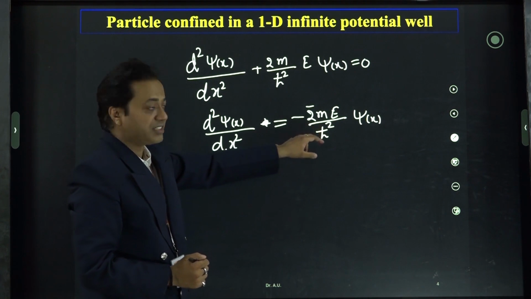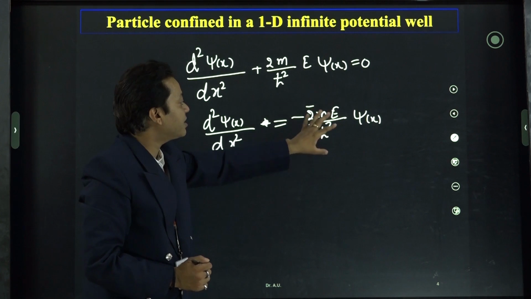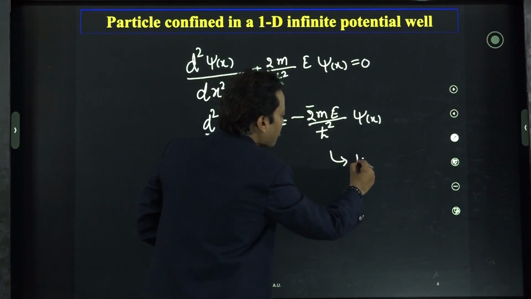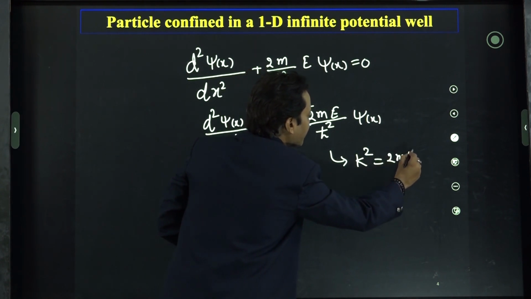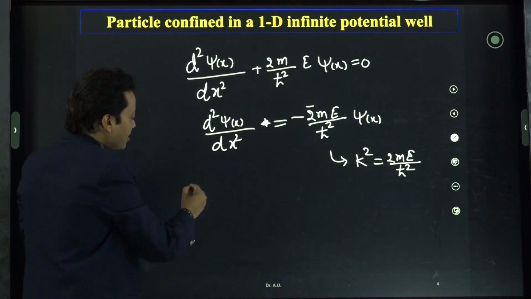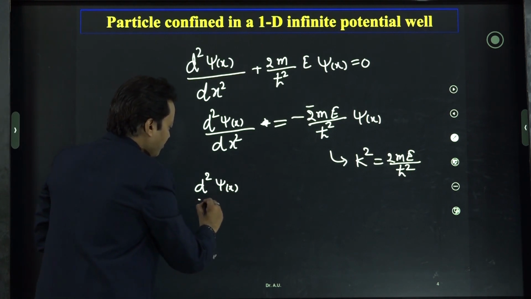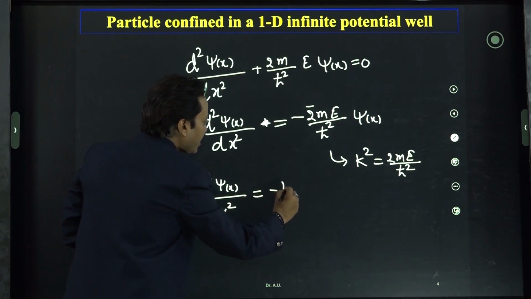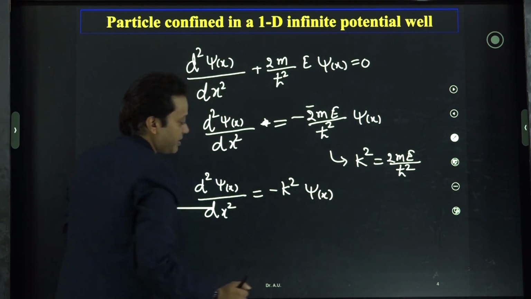The 2 is a constant, the mass is a constant, the energy is a constant value. So, we can replace it with another constant called k square, which is equal to 2m E by h cross square. So, this equation can be rewritten again as d2 psi of x over dx square is equal to minus k square psi of x.